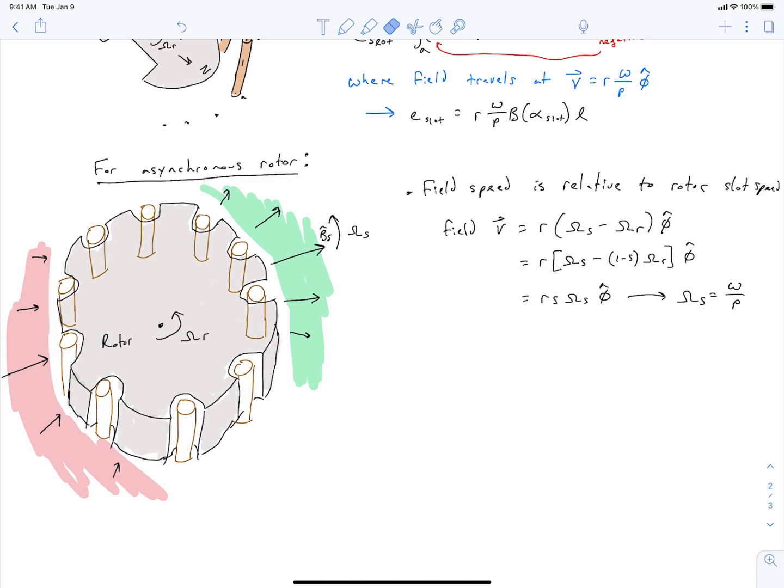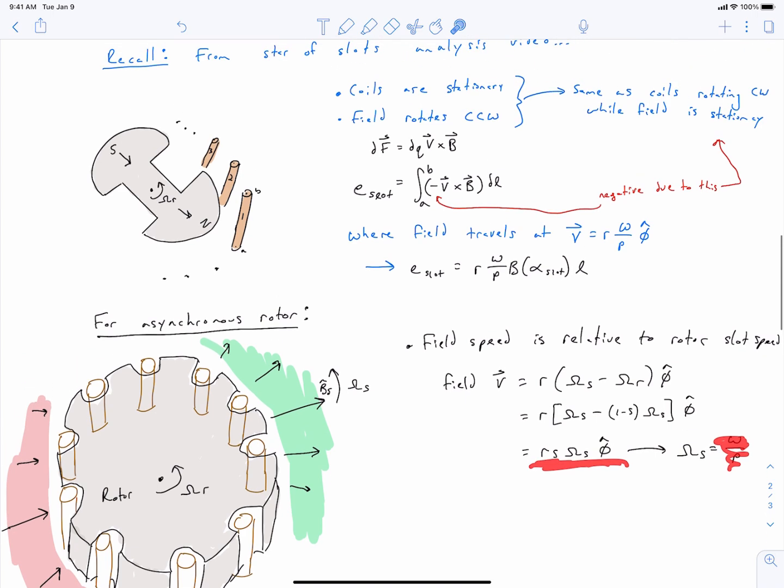Here we can plug in that our rotor speed is equal to 1 minus s times our stator field speed, or our magnetizing field speed, and then we can simplify down to this expression here, which in fact, if you take the next step, you can say is equal to r times s times omega by p. And that's satisfying to see because up here we had our speed being r times omega by p, so you can see that our relative speed to the rotor slots is the same thing but with an s multiplied in there.